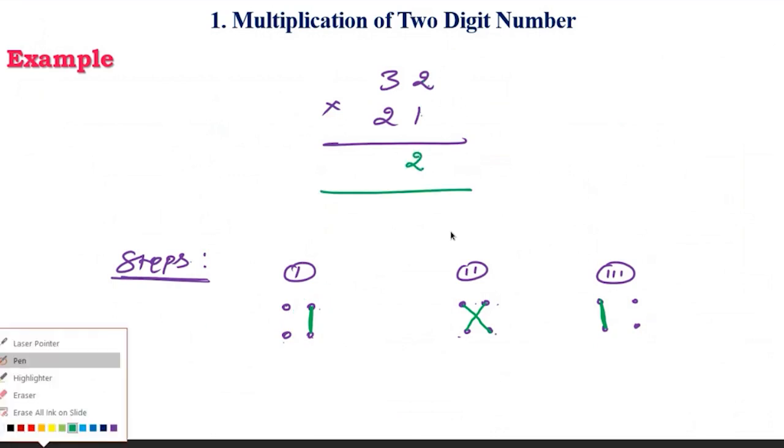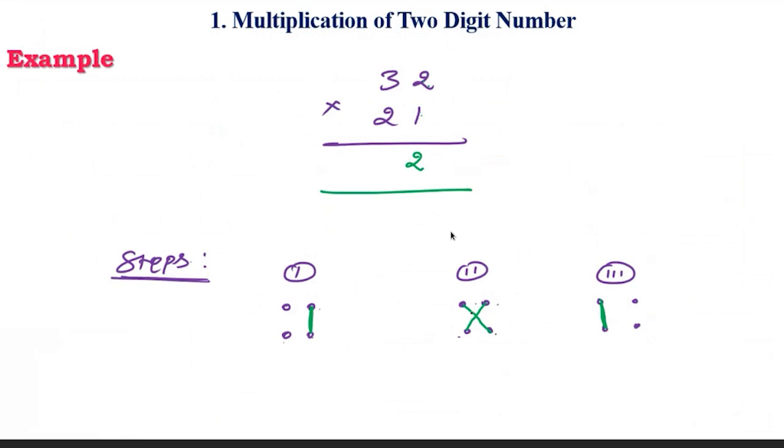Now I'm going to discuss the second step. The second step is the cross line. Cross means you have to do the cross multiplication of 3 into 1. Tell me, 3 into 1? 3. Plus, look at this, I'm not doing multiplication here, we are doing plus. 2 into 2, that is 4. So the first is 3 into 1, which I did here, then 2 into 2, that is 4.